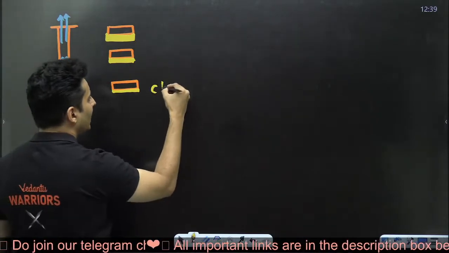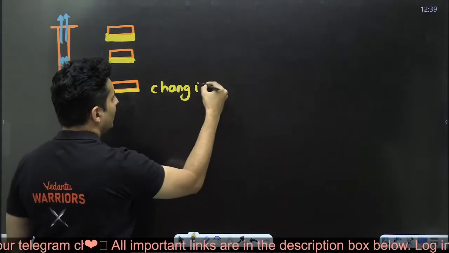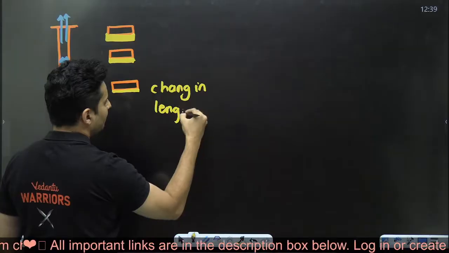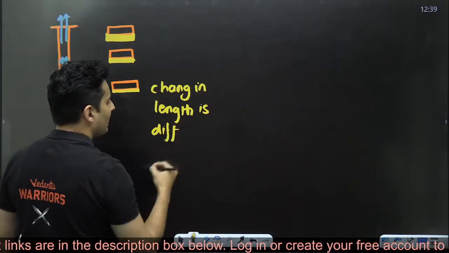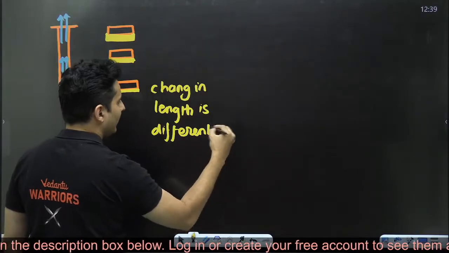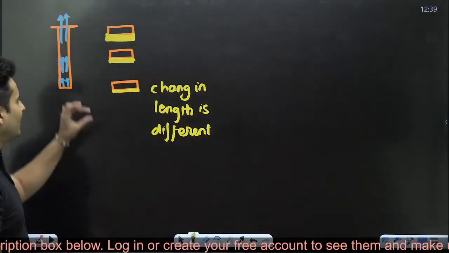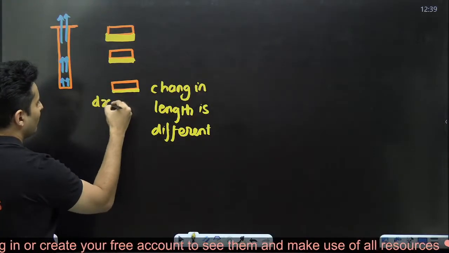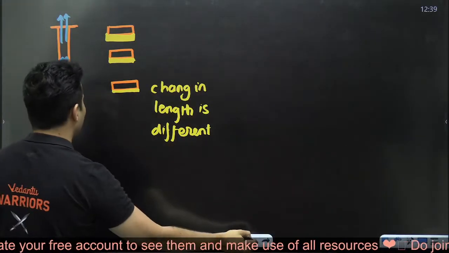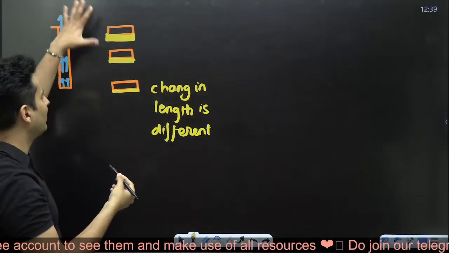So the change in the length is different at all the points. Here it is something, here it is something, here it is something. Maybe it is delta 1 here, delta 2 here, delta 3 here.